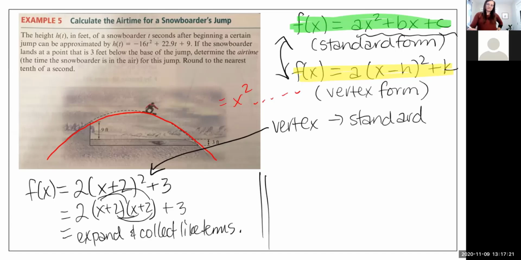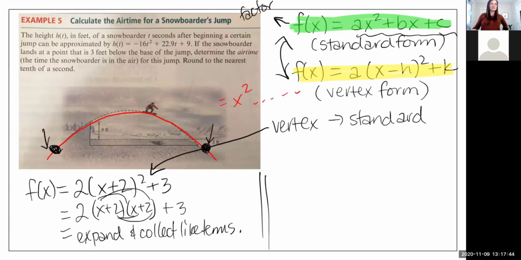Standard form helps us with being able to factor. And we might want something to be factored if we're concerned with where it equals 0, right? Because remember, we were able to solve quadratics for 0 by factoring and then finding their x-intercepts.